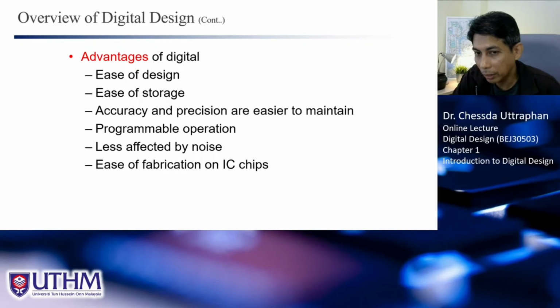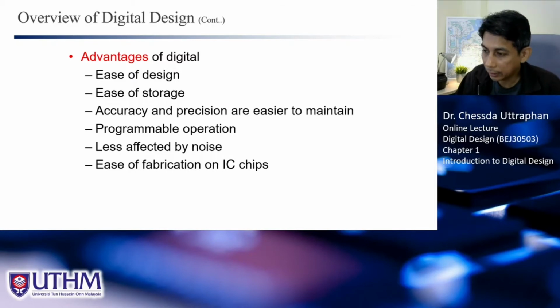To keep number 0, to keep number 1 is very easy. You can represent that using a switch, right? Switch on means logic 1, switch off means logic 0, and we can store that using a flip-flop circuit. Later on we will see. Very easy to store digital information as compared to analog information. Analog information is very difficult to store.